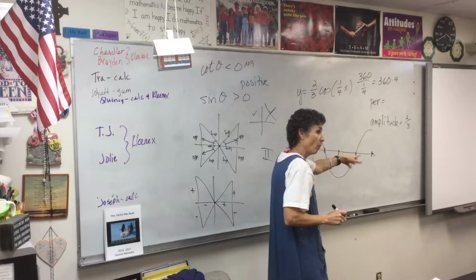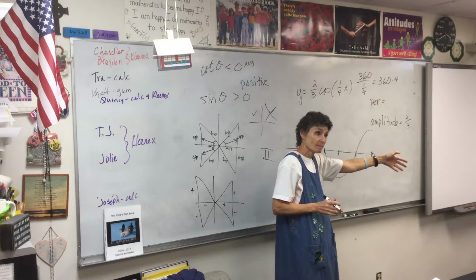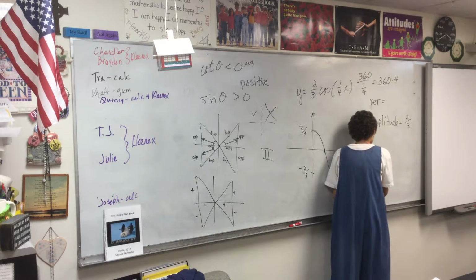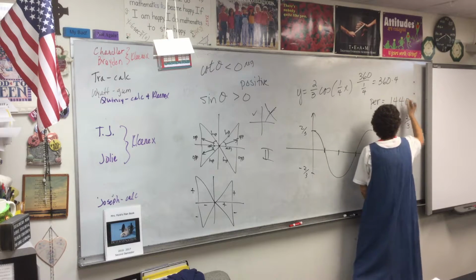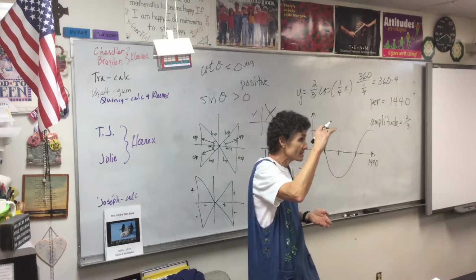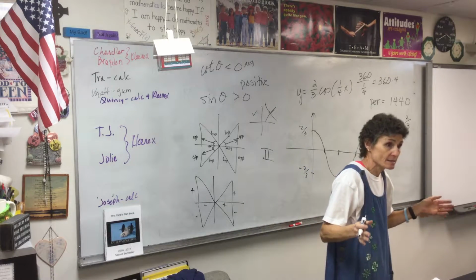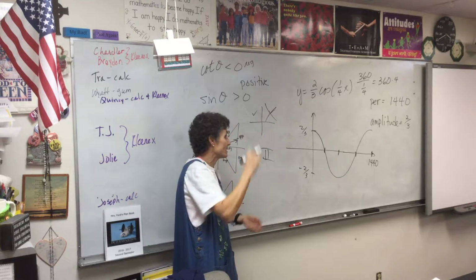So that end point now is 4 times further than it was, 1440. That, my friends, is the period. The period is how long it is. The amplitude's how tall it is. The period's how long it is. Okay, those are just math words we use for height and length.